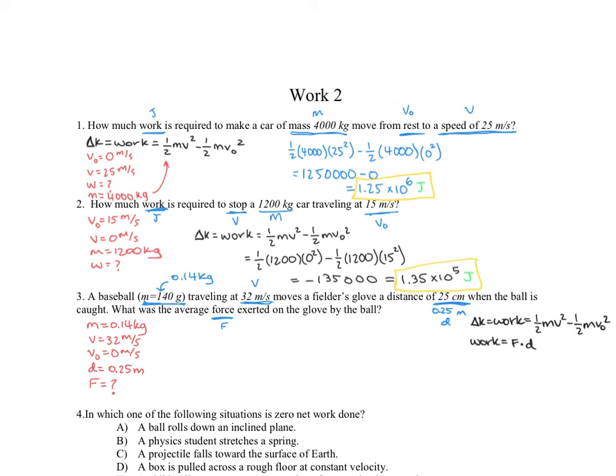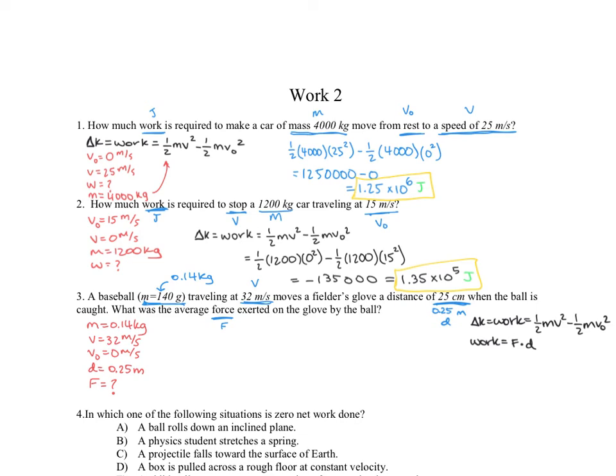So work is equal to force times displacement. Now, you can see how that is important because we're not only given mass and velocity, but we are given displacement and we're trying to find force. So how would we incorporate force and displacement while also using mass and velocity?